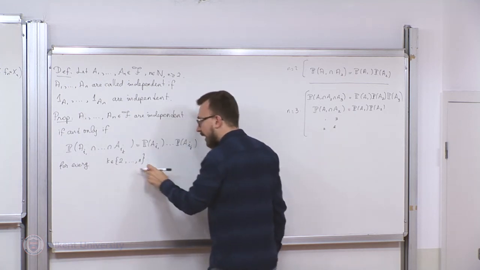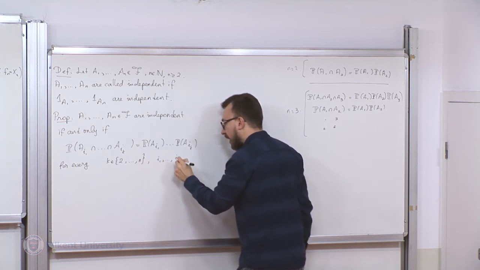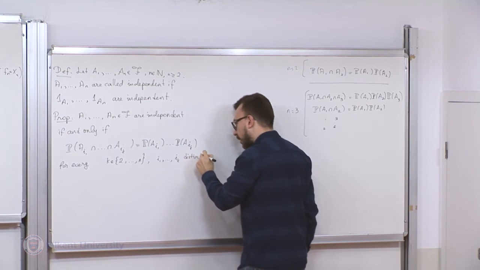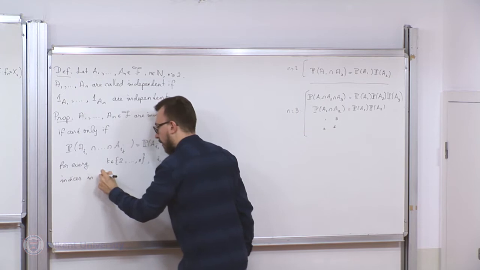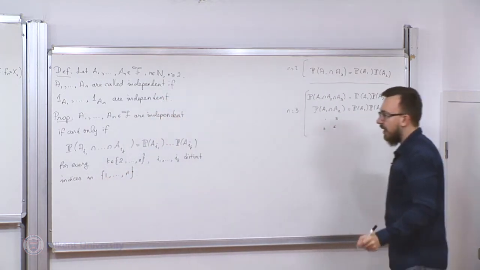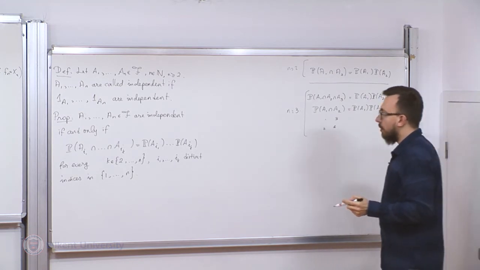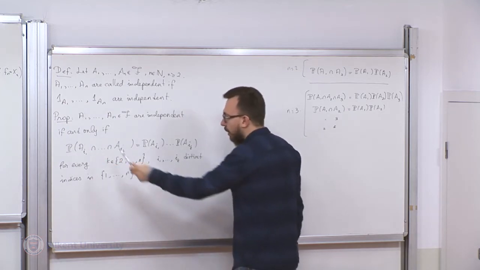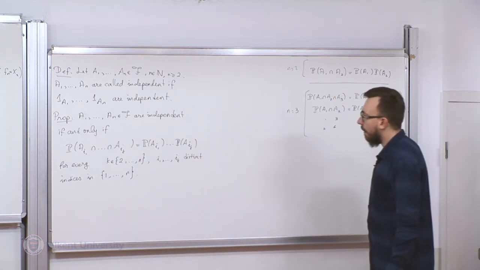For every k from 2 to n, and i1 to ik distinct indices in 1 to n. So if you have 4 events, you look at pairwise intersections, three-way intersections, and then there is the intersection of everything, right?